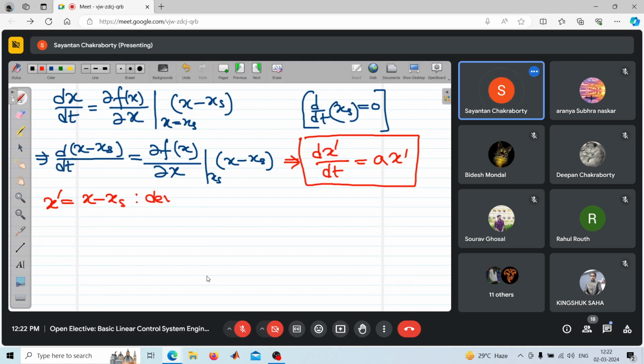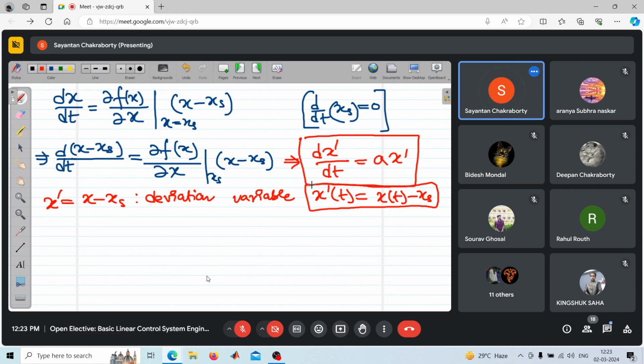So this is a deviation variable. Deviation variable means, say xs is a constant value, which is the nominal value of x, and x(t) is the instantaneous value of x. So the deviation variable will give you an idea about how much x has deviated from its nominal value at the current instant of time.